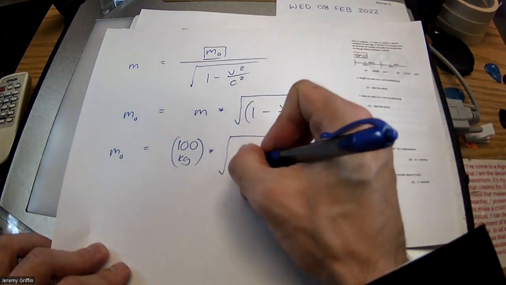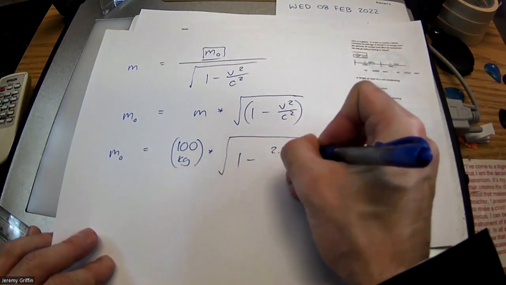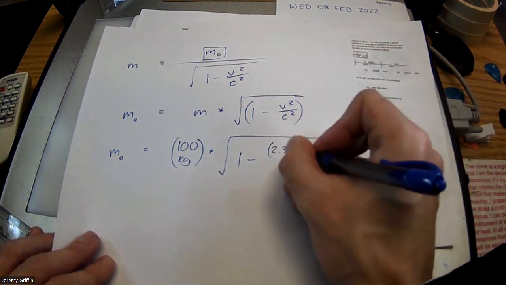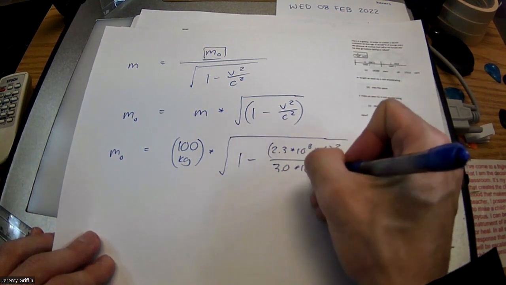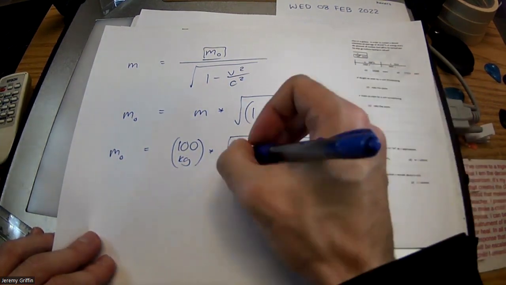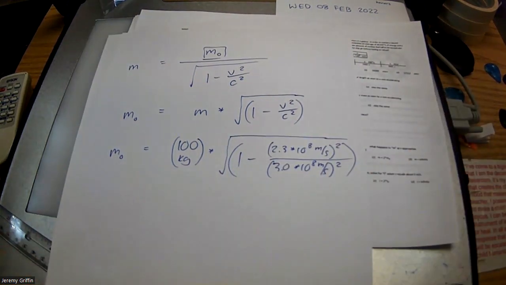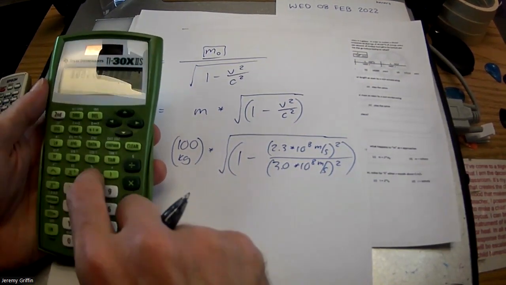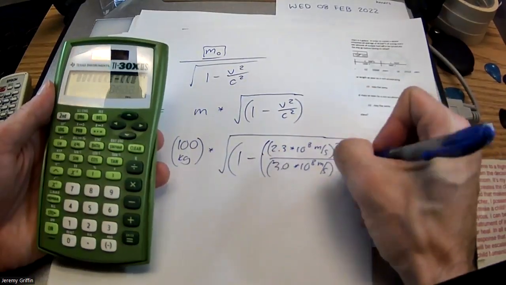Okay, so 1 minus, I have 2.3 times 10 to the 8 meters per second. Don't forget to square that compared to 3 times 10 to the 8 meters per second, and square that one too. This whole thing's being square rooted. So what is 100 multiplied by the square root of, open some parentheses, 1 minus, open some more parentheses, just to be super safe.